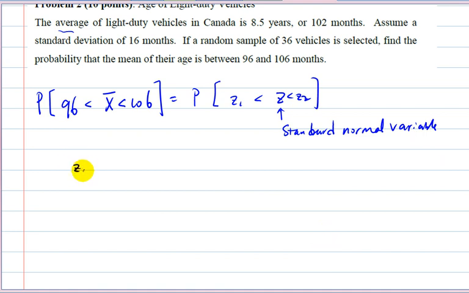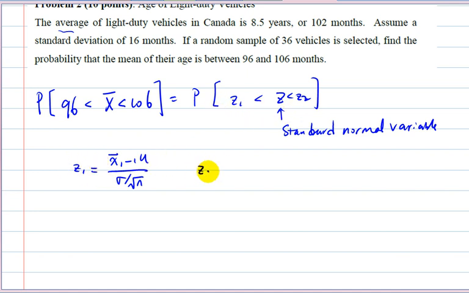The sample mean has a normal distribution with a mean of mu and a variance of sigma squared over n. So the z-score for this one is x1 bar minus mu over sigma over square root of n. This is how you calculate z1.